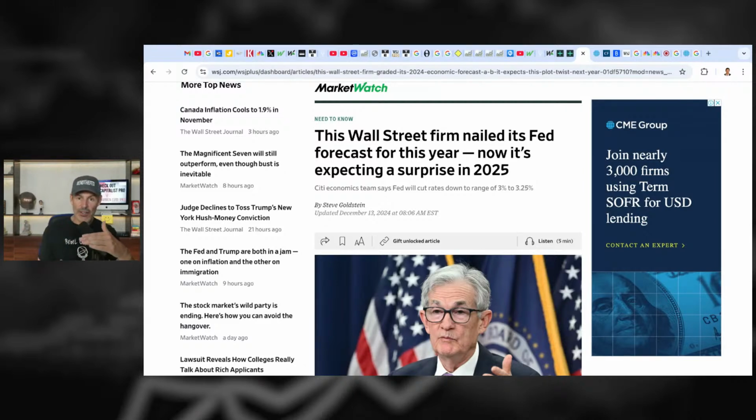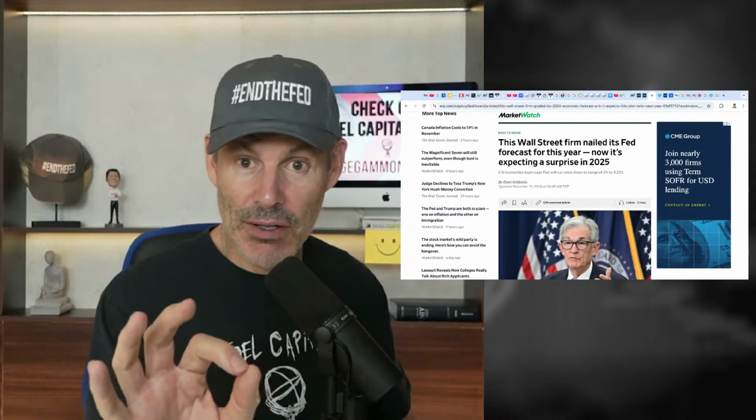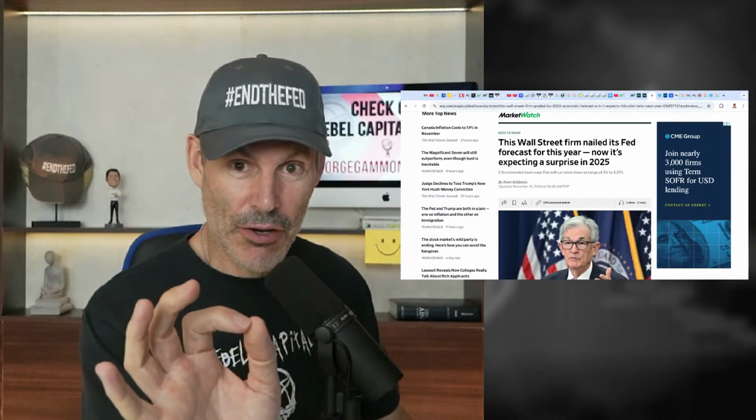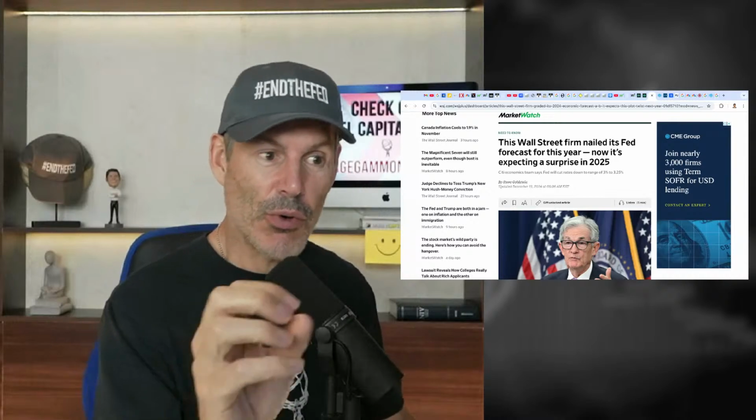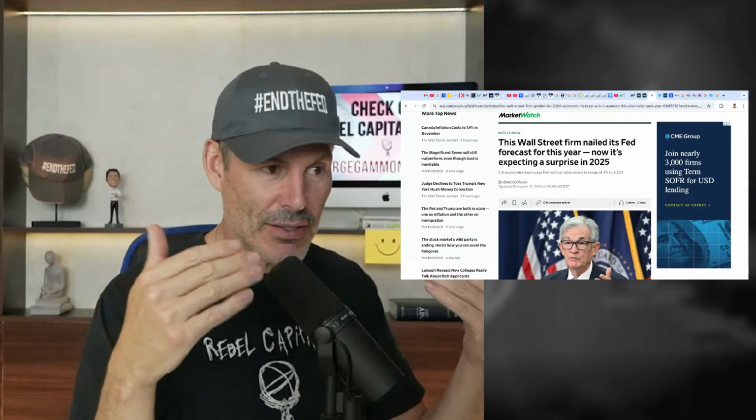But if it goes down to 0, then they look like heroes, but they don't look that much better than if it just goes down to 2.5. So there's really no incentive for them to diverge from consensus more than, let's just say, the 50 basis points, even if this wasn't their true number. So when you're reading these stories, you've got to look at it through that lens.